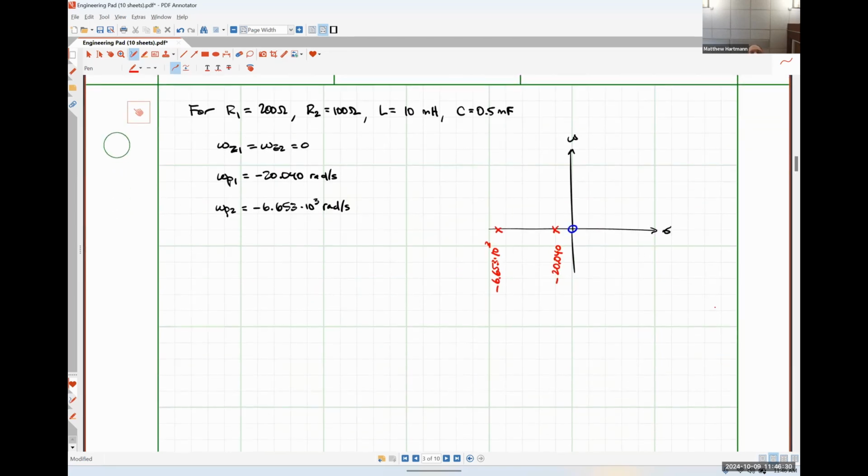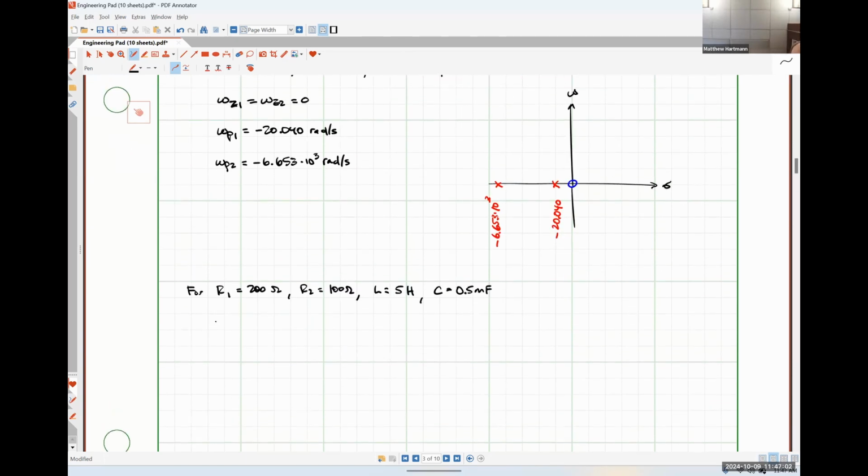If instead we change the value of our inductor to 5 henries, while leaving literally everything else the same, our zeros would still be at 0.